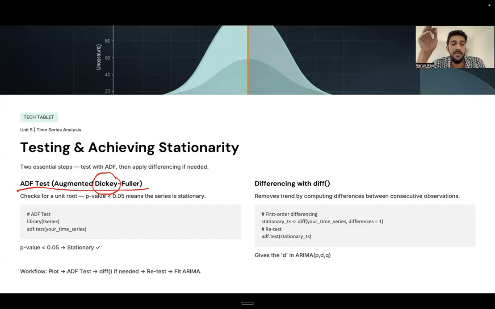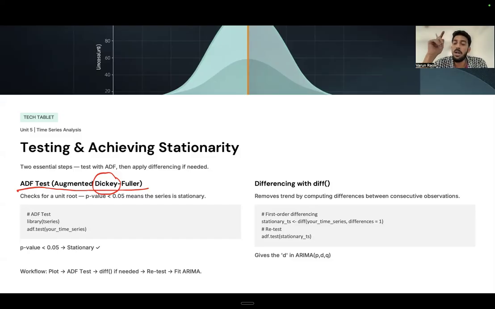However, in the augmented Dickey-Fuller test, a p-value of less than 0.05 means that the series is stationary. When you do ADF, it first removes things which are not needed.